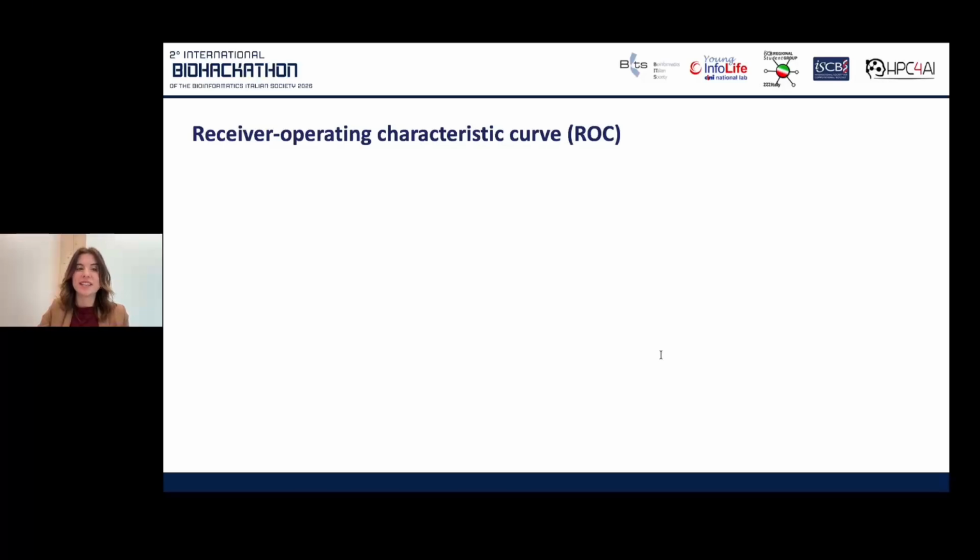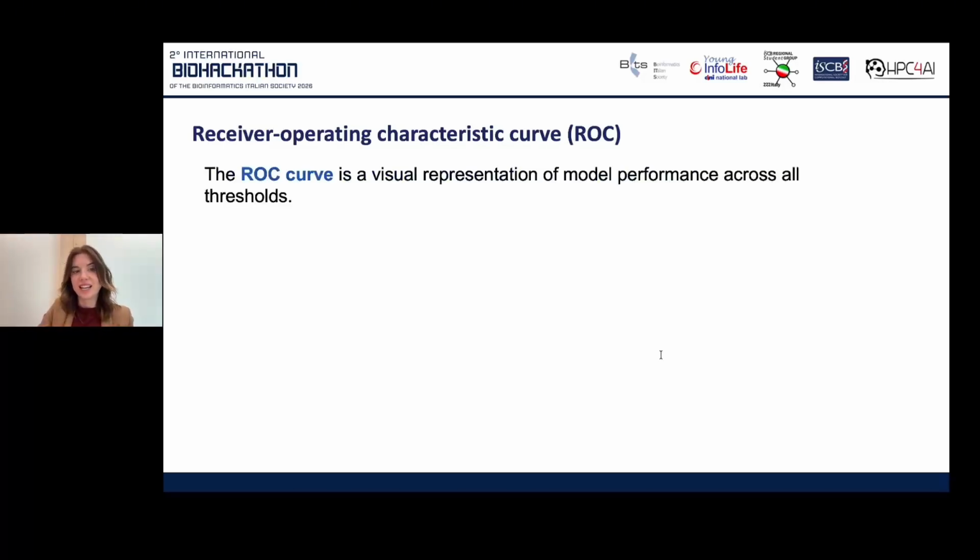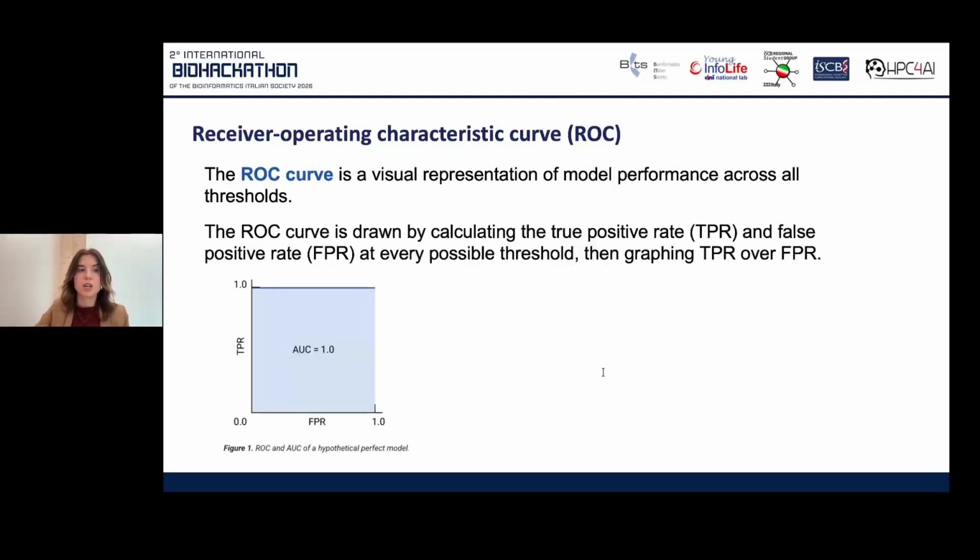The receiver operating characteristic curve is the visual representation of model performance across all thresholds. The ROC curve is calculated by the true positive rate and the false positive rate at every possible threshold, and then we just plot TPR over FPR.